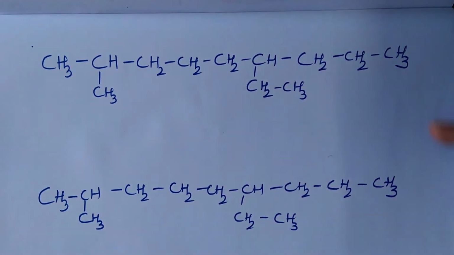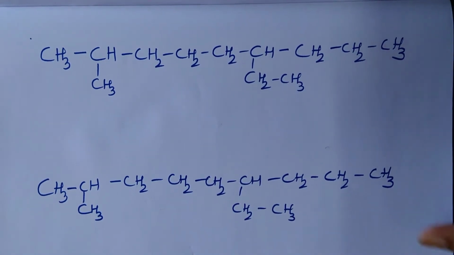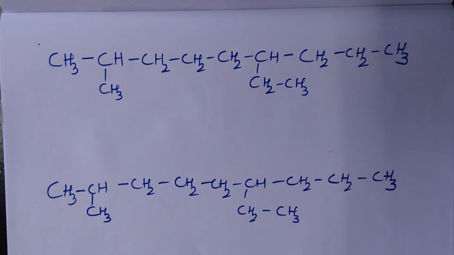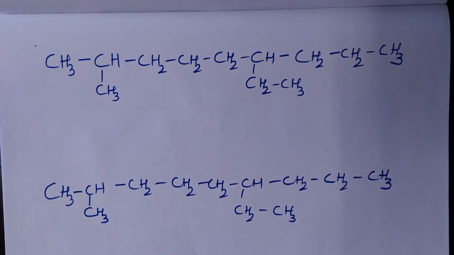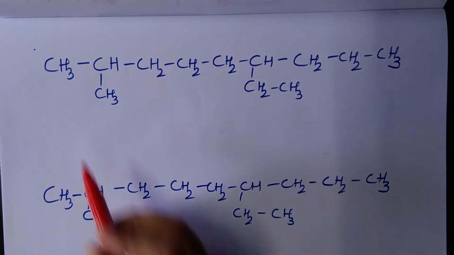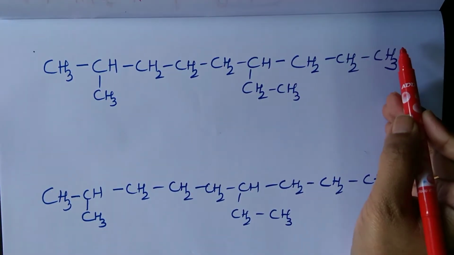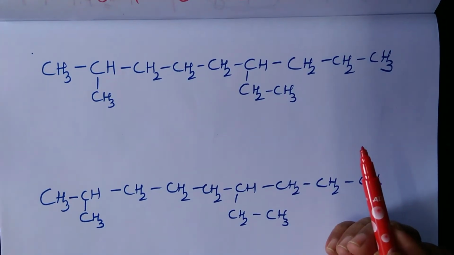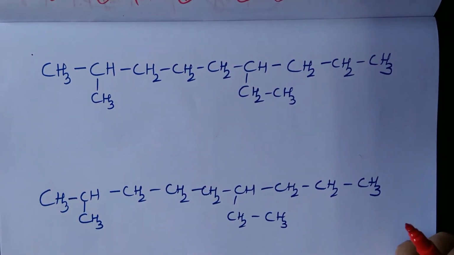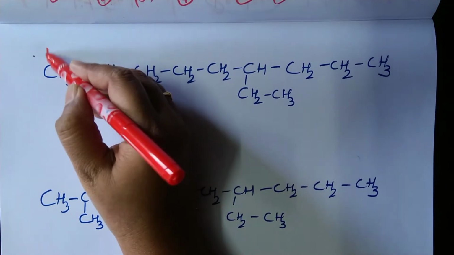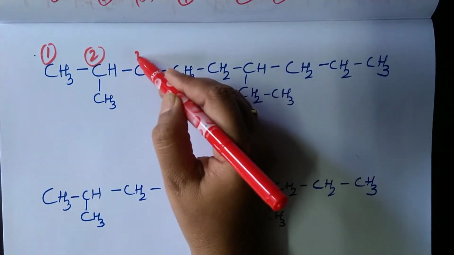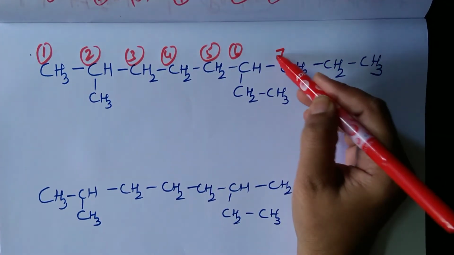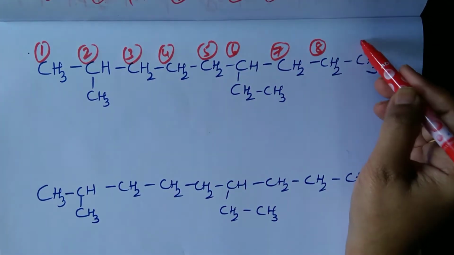Now I have written here 2 examples and both of them are the same. So I have to select the longest carbon chain. What should I do? This can be the longest carbon chain. This can also be the longest carbon chain. We shall write the numbers in different examples and check. So 1, 2, 3, 4, 5, 6, 7, 8 and 9.